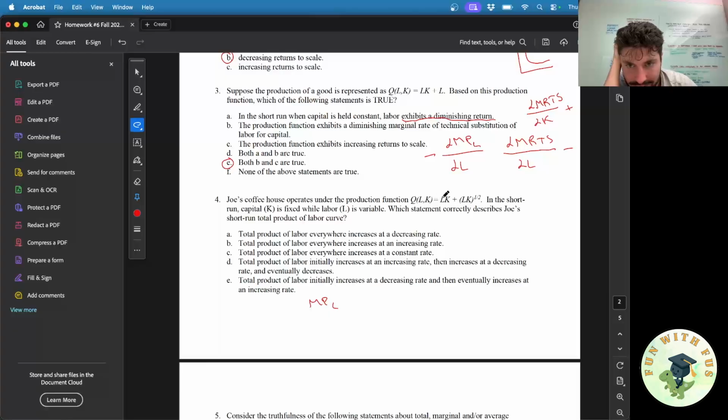So if I derive this, I would get like K plus K to the 1/2. No. I would get 1/2 L to the negative 1/2 K to the 1/2. And this is in fact positive, so I believe that corresponds to increases.